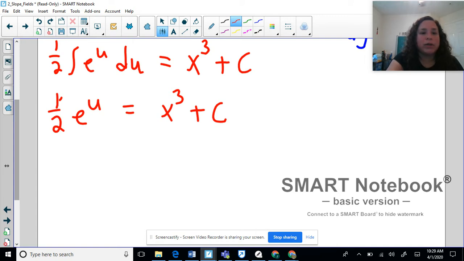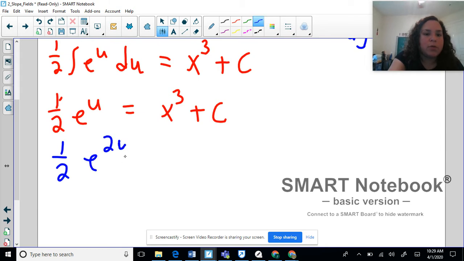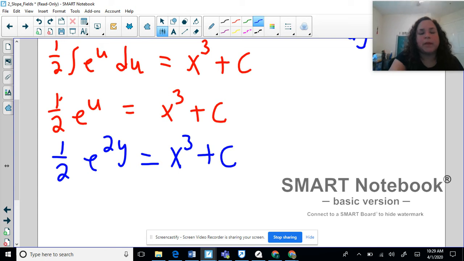Now we resubstitute the original 2y for u, so this is 1/2 e to the 2y equals x cubed plus c. We need to get y by itself, because the question asked for a solution y equals f of x.